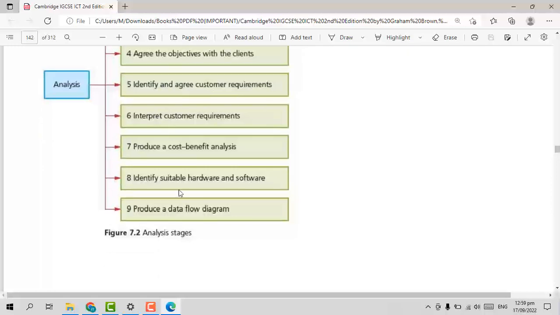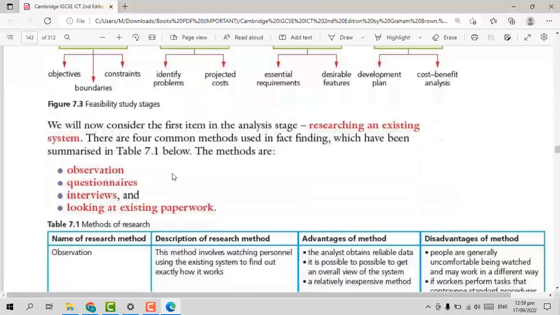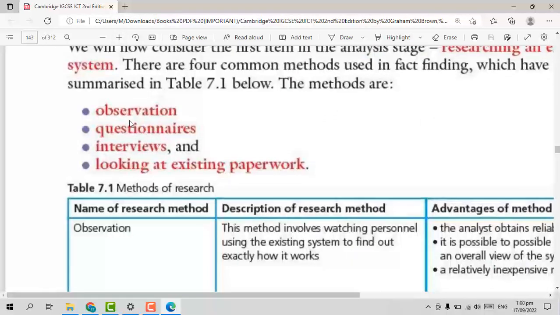Now I'm going to jump to the most important tools that a system analyst uses. They have four tools that they use in order to collect information about the old system and to figure out what was wrong with it. The first is observation.